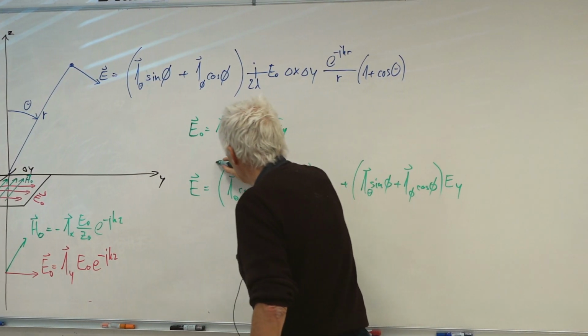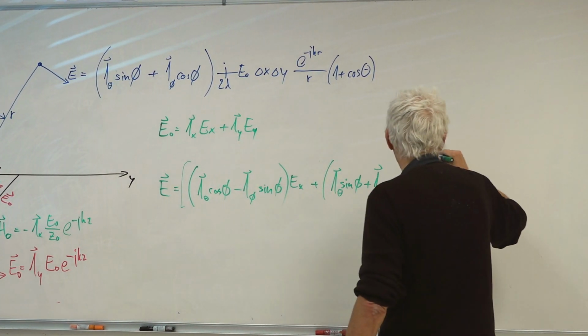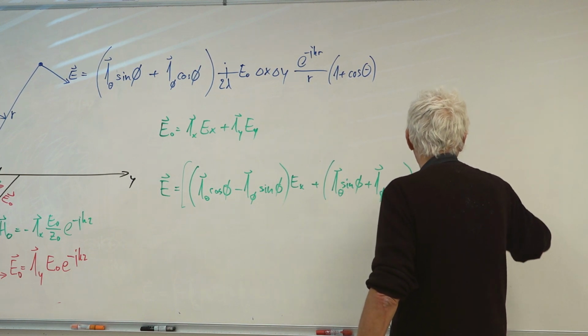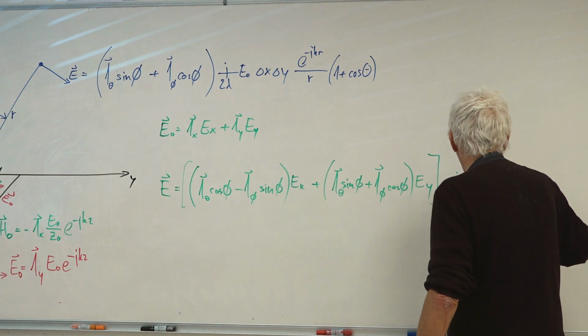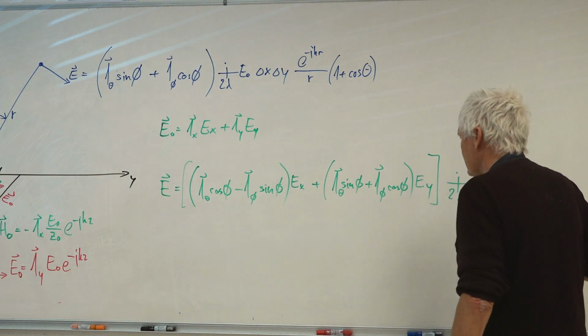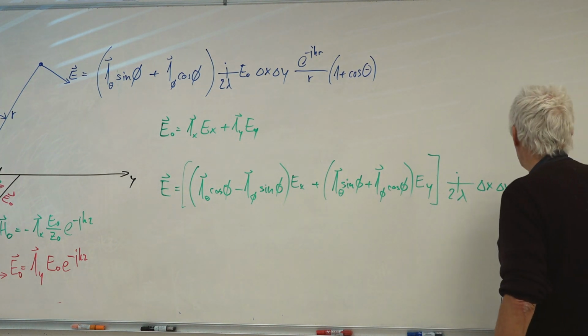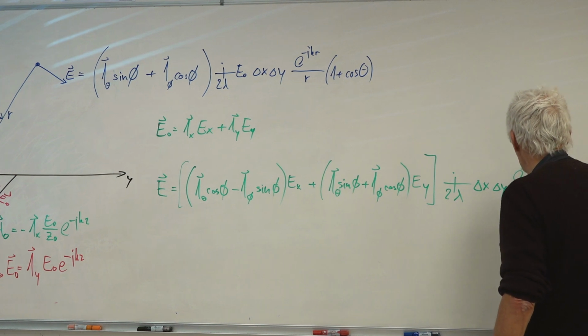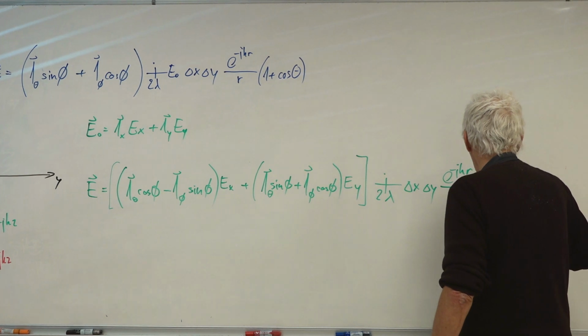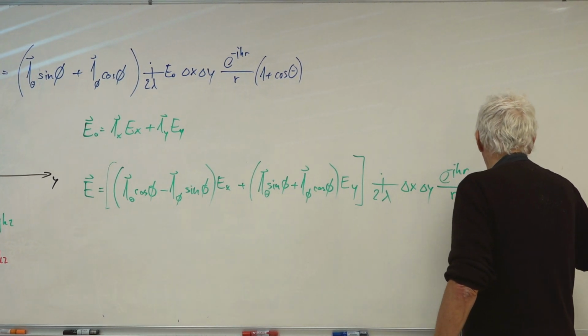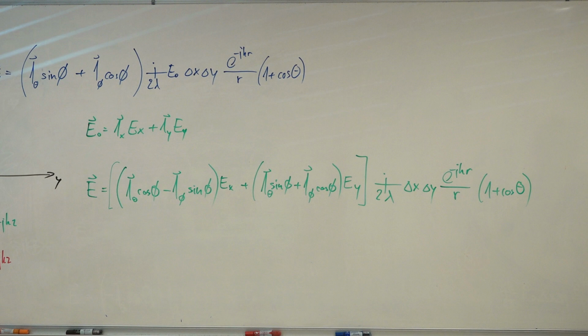And now everything multiplied by j over 2 lambda, multiplied by the size of the Huygens source, multiplied by the radiation pattern. So this all comes together.